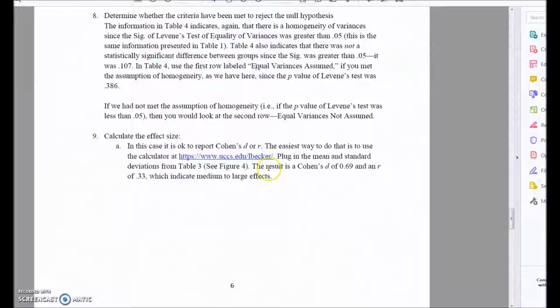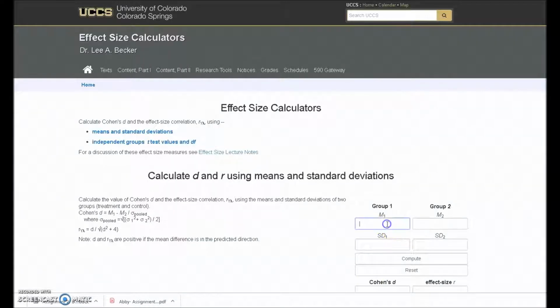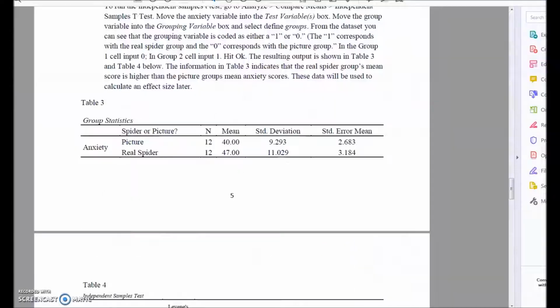Where do I get these scores? Here is your picture, the group statistics. So anxiety, real spider mean 47 and this is 40. It doesn't matter which one you put first, but because my experimental group is the real spider, I'm putting that one.